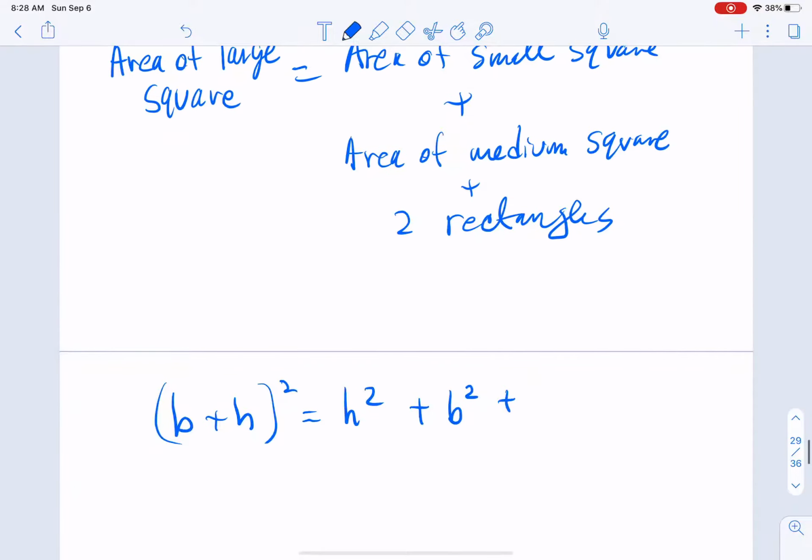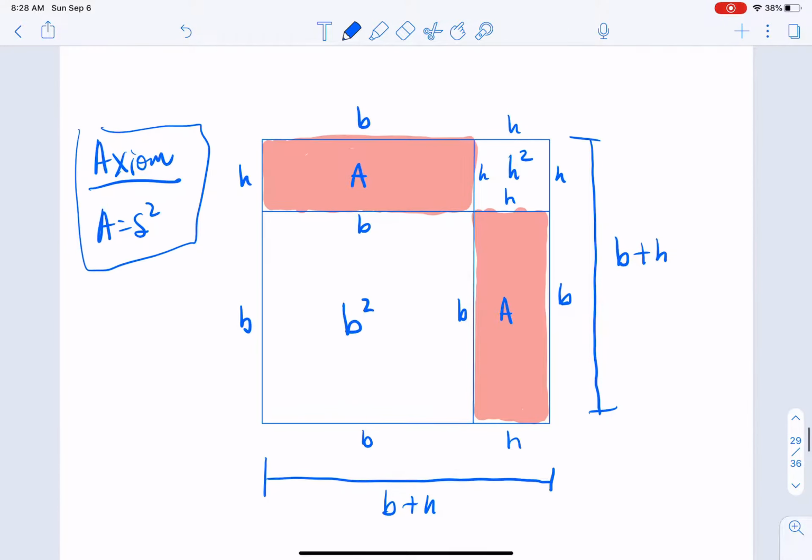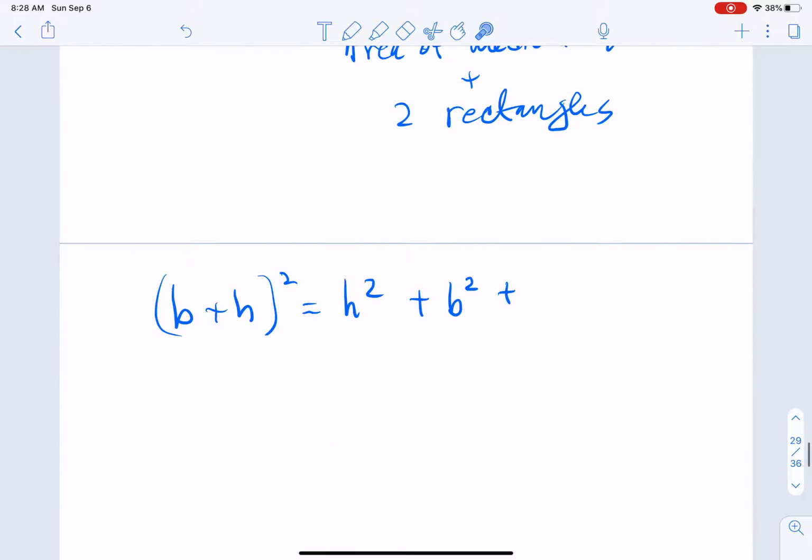Plus the 2 rectangles, which we don't know what they are, so we're using A. And we have 2 of them, so it's 2A. All right, this is lovely. We have ourselves some sort of quadratic equation.